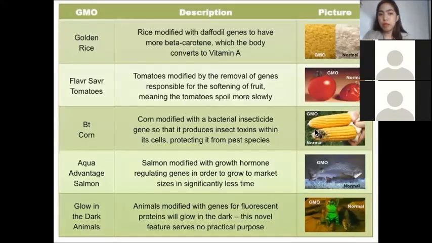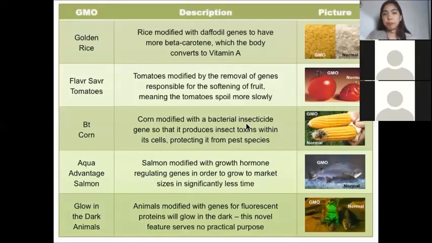If you compare the normal corn to the genetically modified organism, as you can see, the normal one has damage, because it is more prone to insects. Compared to this one, which releases poisonous toxins for the insects, so they won't approach it anymore.